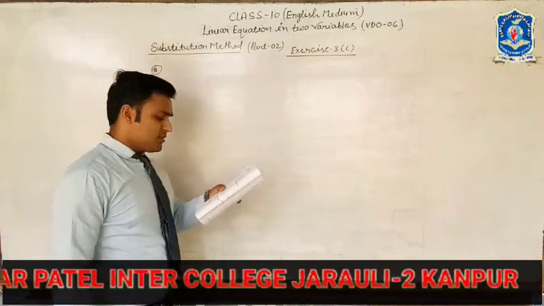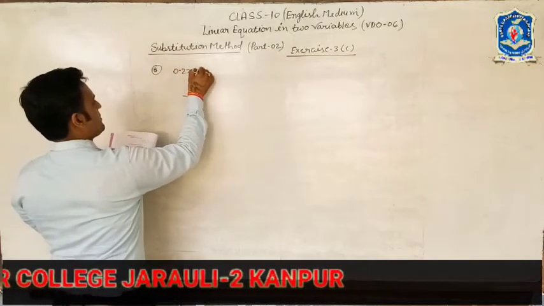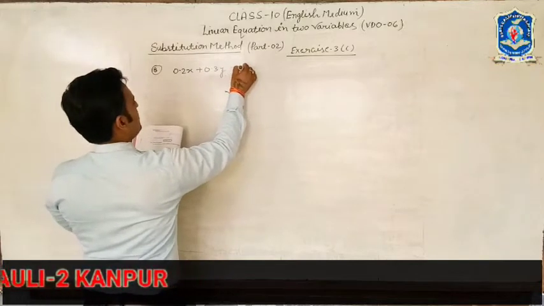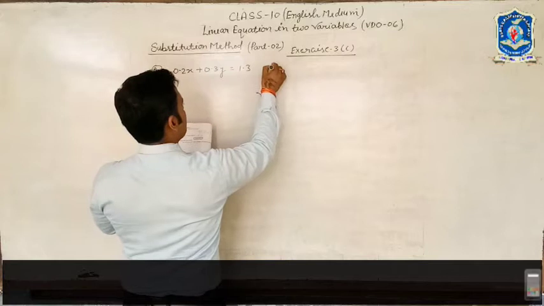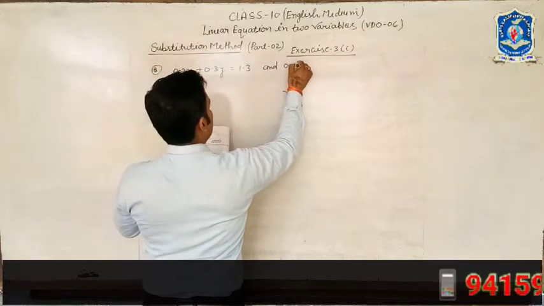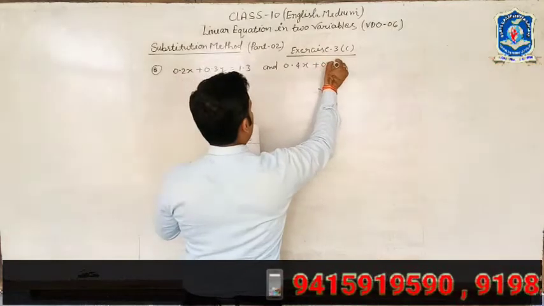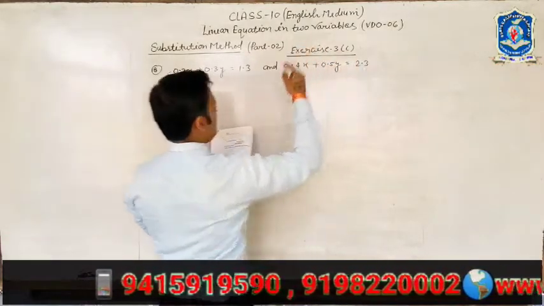And the question is 0.2x plus 0.3y is equals to 1.3, and the second is 0.4x plus 0.5y is equals to 2.3.